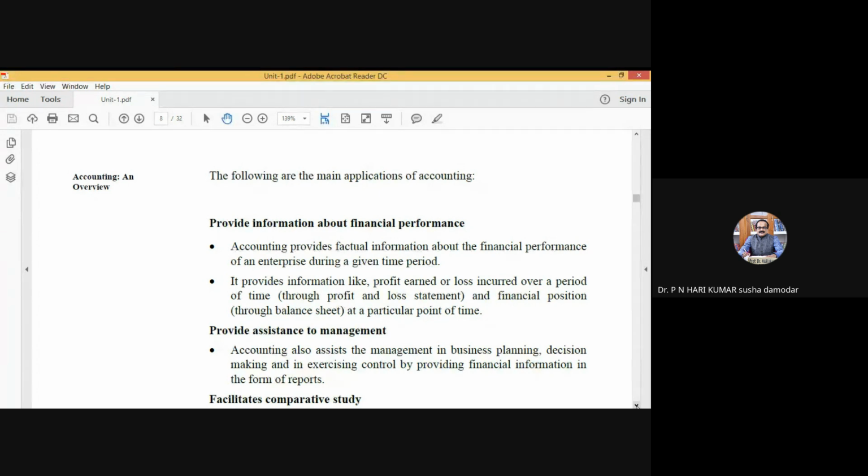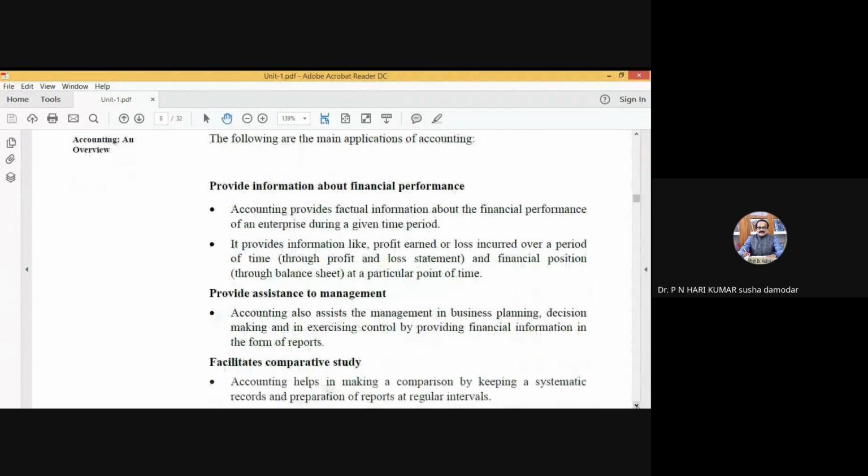Management needs information for taking decisions. The quantified information is given by the financial statements. The accounting system clearly gives the quantified data, the quantified information, and that is very essential for taking rational decisions. So, provide assistance to management.